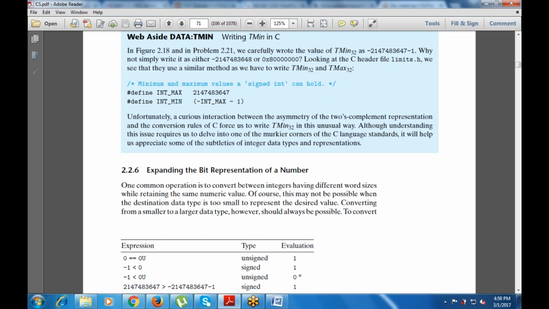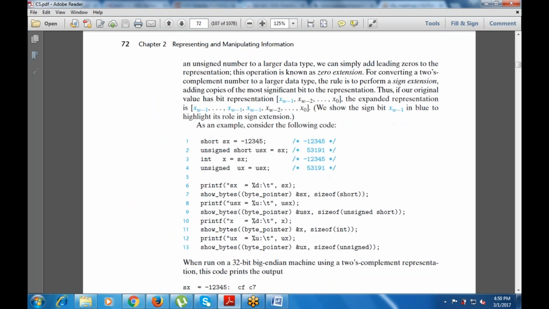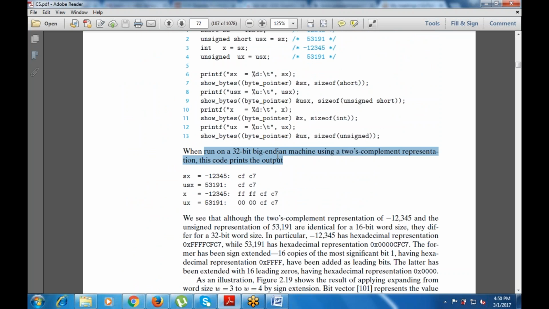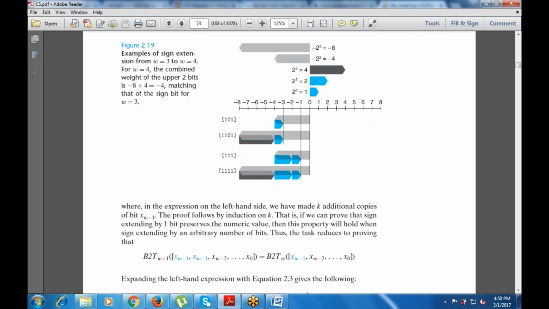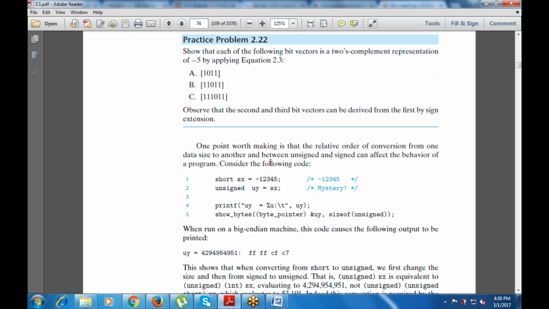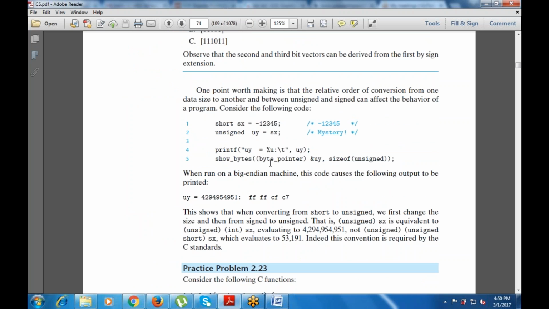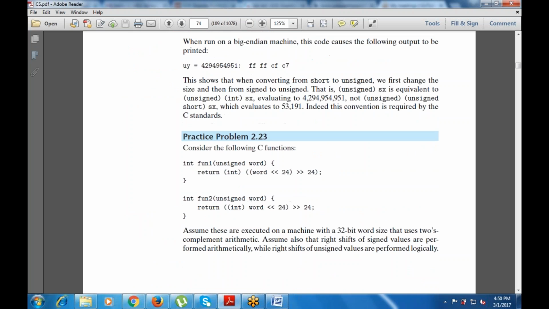This is the next one that you run on a 32-bit machine that is using two's complement numbers with a 16-bit integer. This is the example of sign extension that works with the short sx or the unsigned uy.